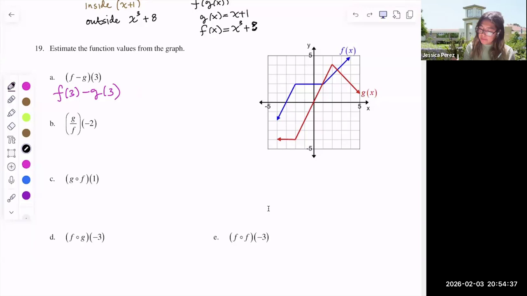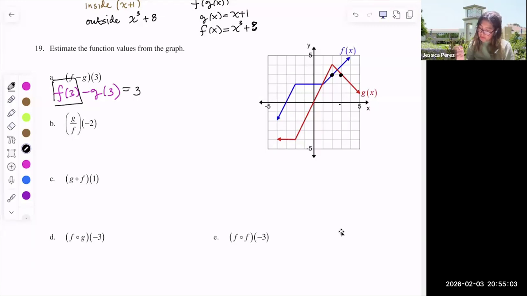F is the blue. So when f is 3, 1, 2, 3, yes. So f of 3 is 3. And then g of 3, the red one, is 1, 1, 2, 3, which is also 3.